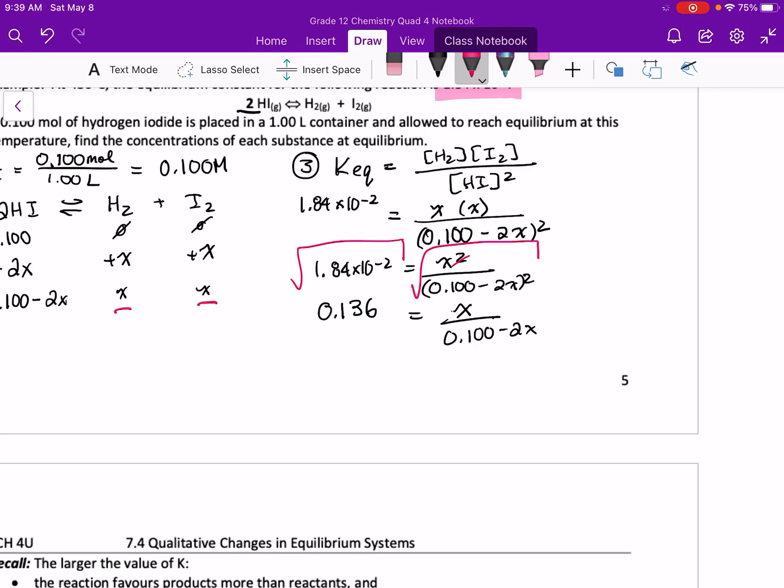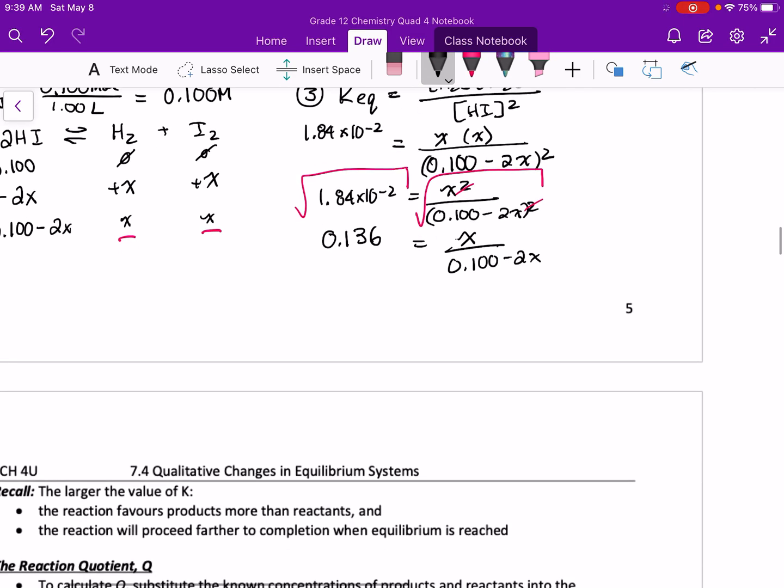My squares were canceled. Now, I'm going to bring this section over here up to the top. I'm going to multiply it on both sides. So I have 0.136 times 0.100 minus 2x is equal to x.